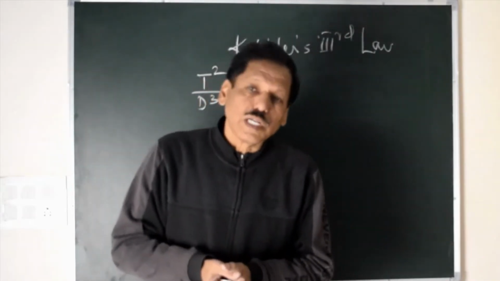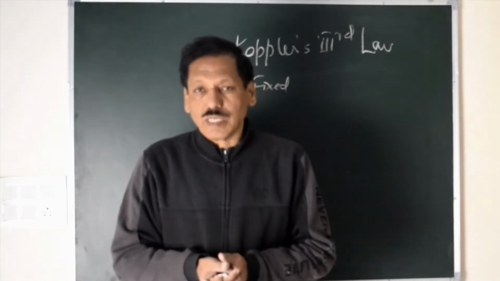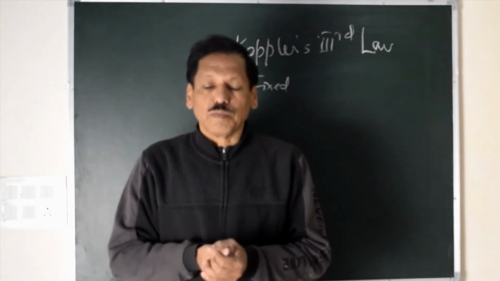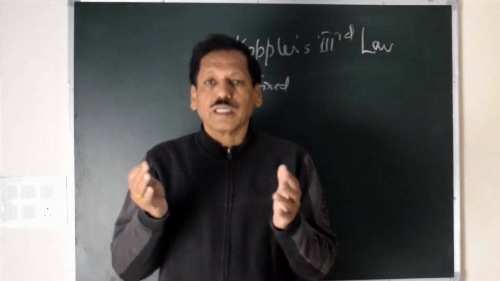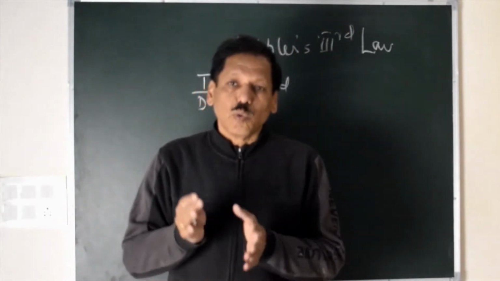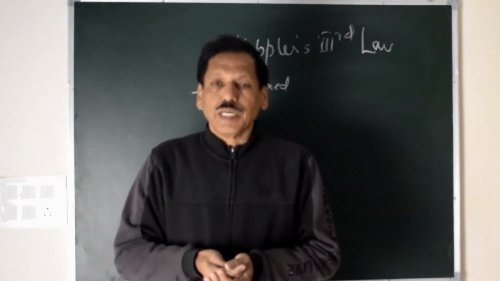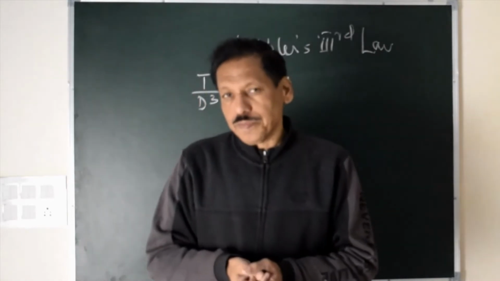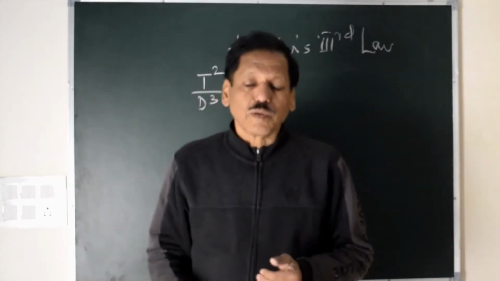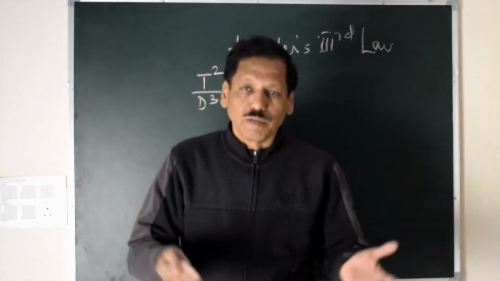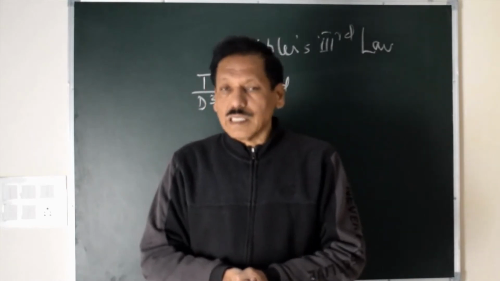Kepler's third law also helps you estimate the distance of a planet from the Sun, if we can track the sidereal period. How do we know the sidereal period? By observation. There is a relationship between the sidereal period and synodic period, which we will learn a little later.